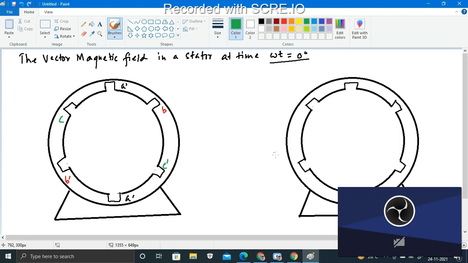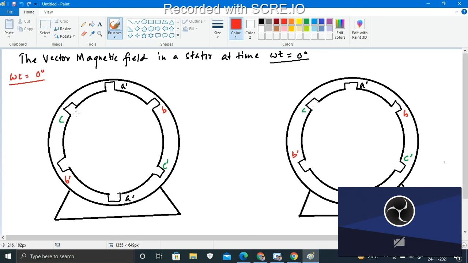Here also we are considering c dash, c, a dash, a, and b dash, b. Okay, so when omega t is equal to 0 degree.